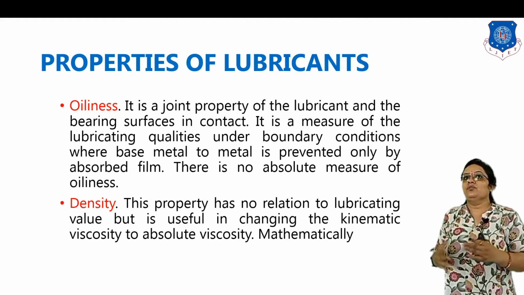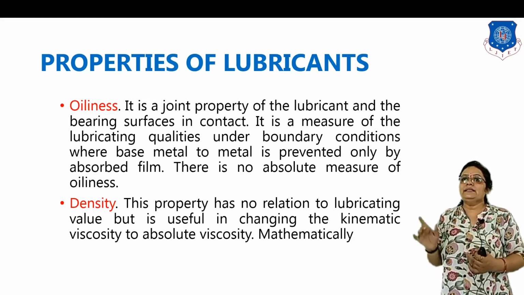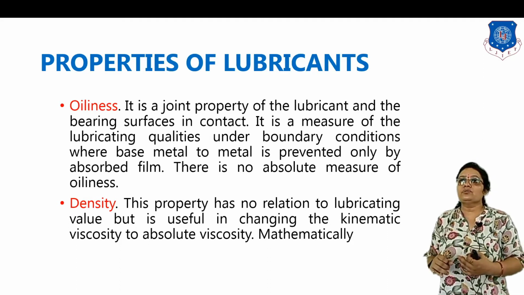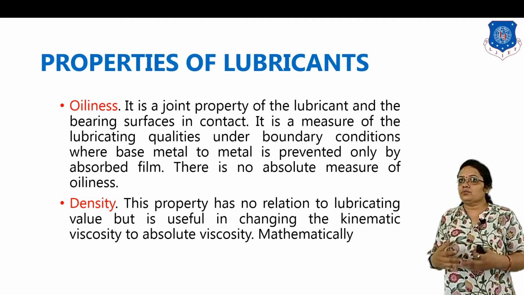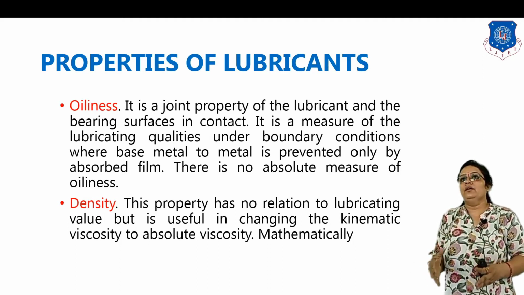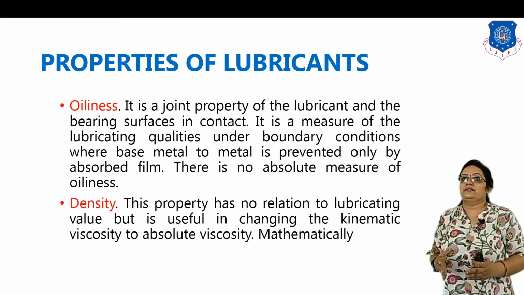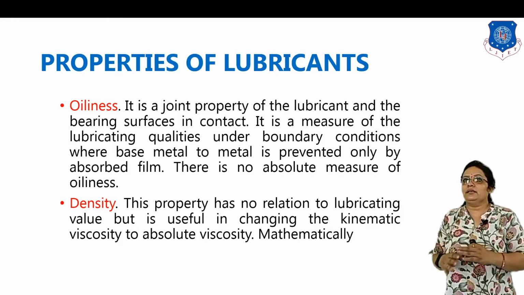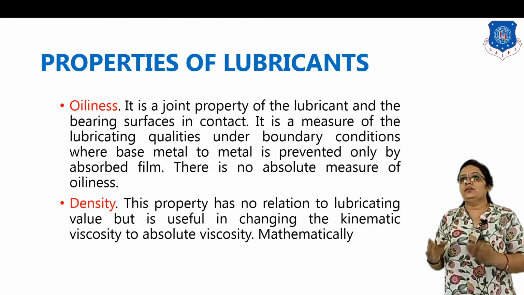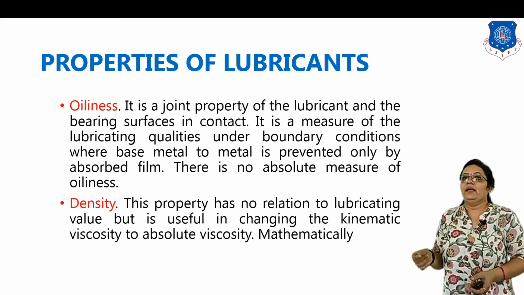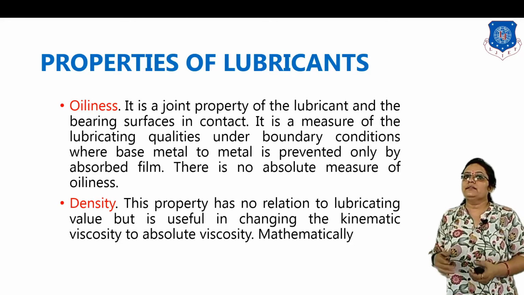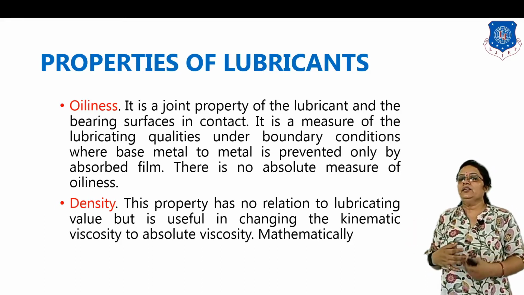There is no absolute measure, but you can feel the lubricant and judge the oiliness by touching it. It is used to separate the contact surfaces, and you can check it physically.